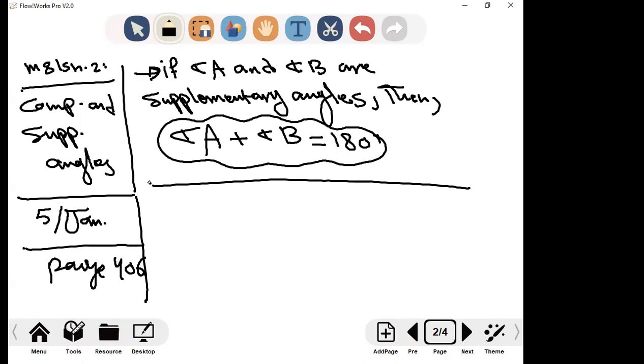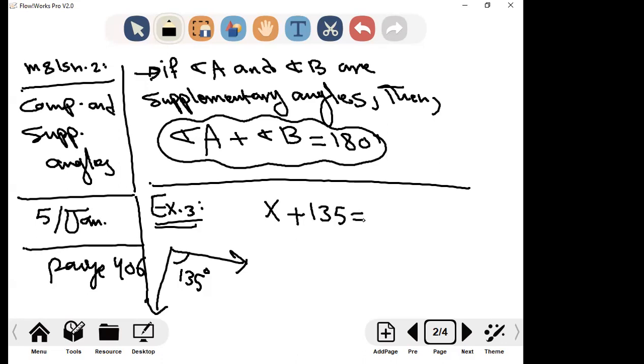We took yesterday example 1 and 2, right? Example 3. Take a look to example 3 now. We have this angle given. It is 135 degree, right? And the question said, what is the measure of the angle that is supplementary to this angle? Means the unknown angle, which is x, plus the given, which is how much? 135 equals what?